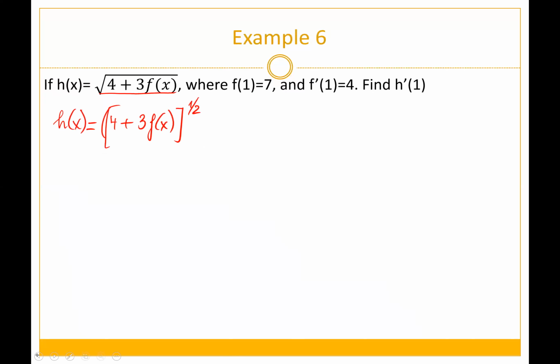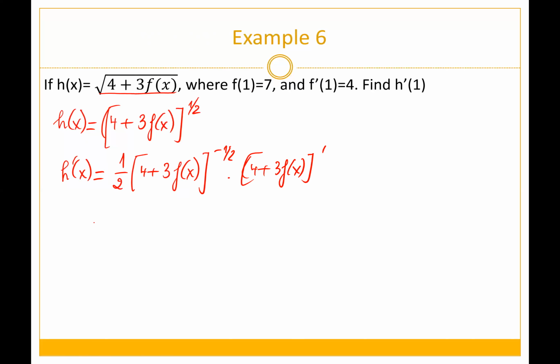So when I want to take the derivative, I'm going to have h prime of x using chain rule formula. So you have half 4 plus 3 f of x to the negative half, multiply the derivative of the thing inside, so 4 plus 3 f of x derivative.